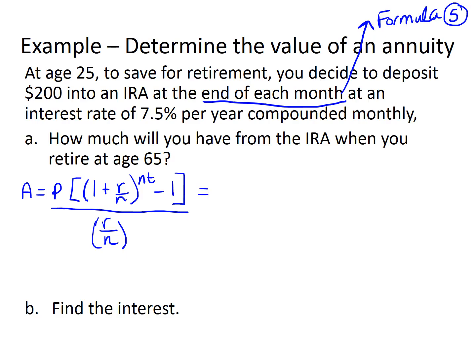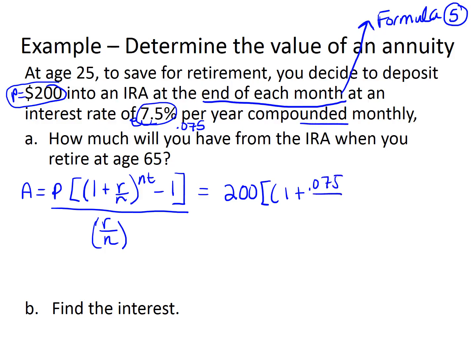The P is the amount deposited each month, which is $200. Then 1 plus R, where of course you need to change the interest rate to a decimal, so it becomes 0.075. So 1 plus 0.075. Compounded monthly tells us N is 12.